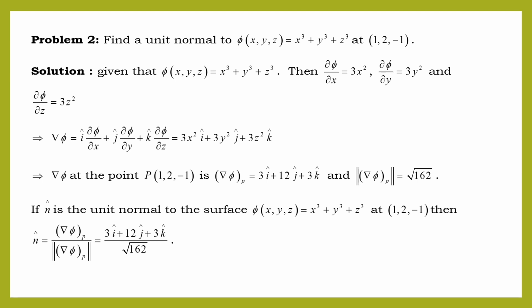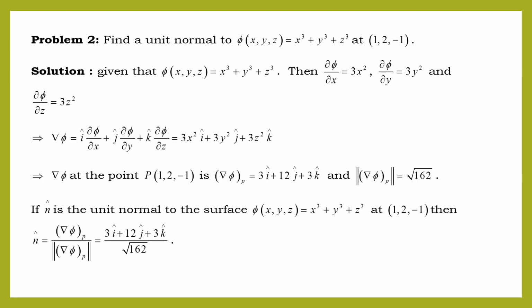But we want this gradient at the given point 1 comma 2 comma minus 1. So here x value is 1, y value is 2, and z value is minus 1.